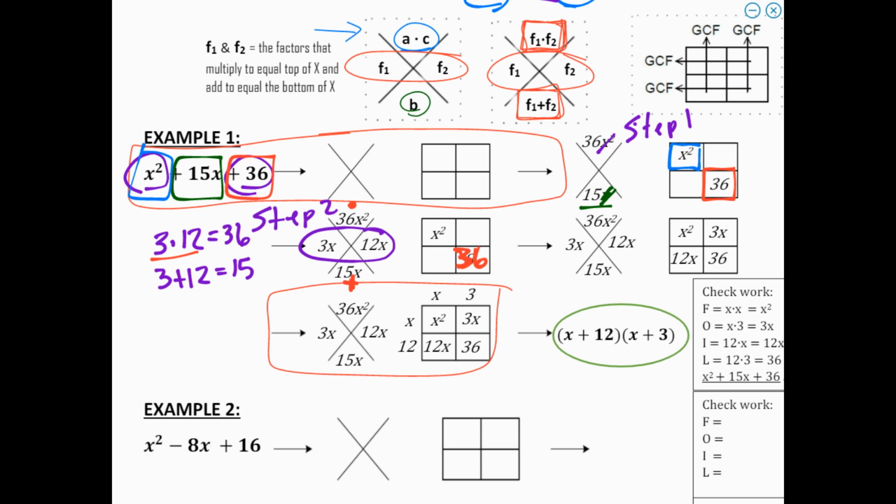Then we're over here at step 3. Step 3 is putting those factors that I just filled in right here into my box. It doesn't matter which one you put it in. One just needs to go in one empty box, and one needs to go in the other.